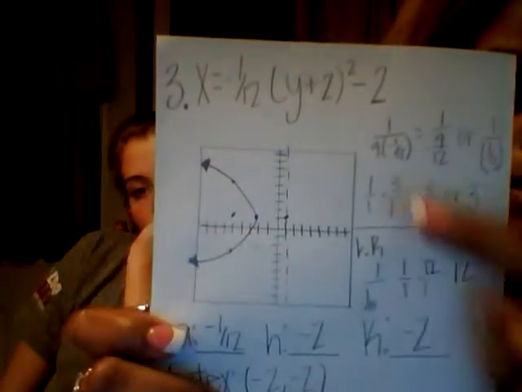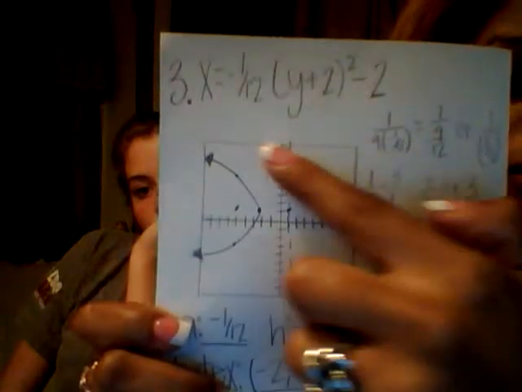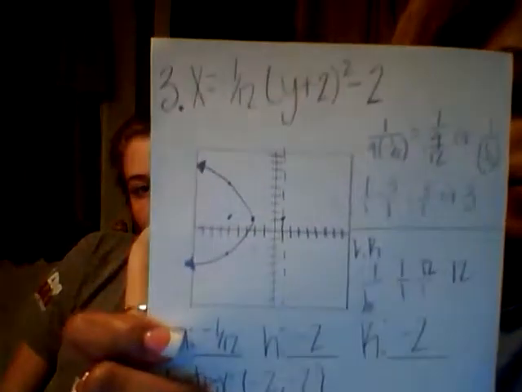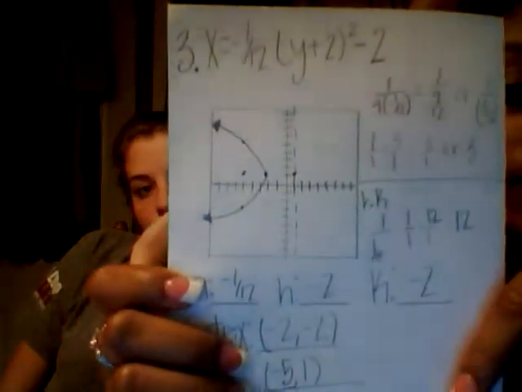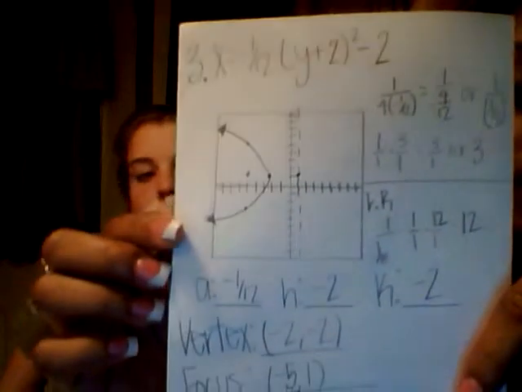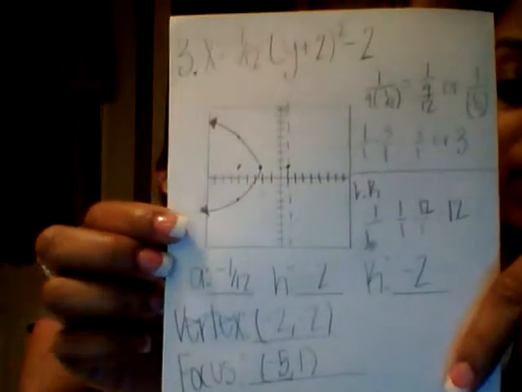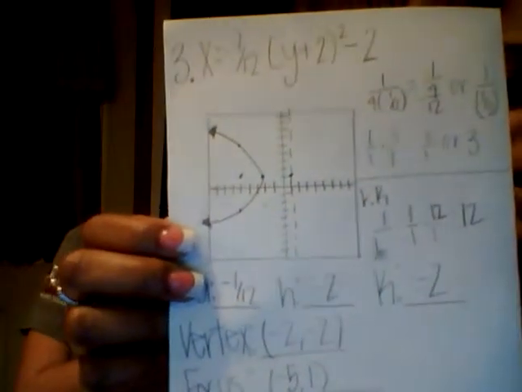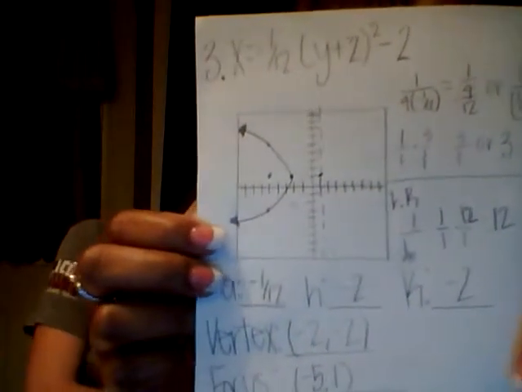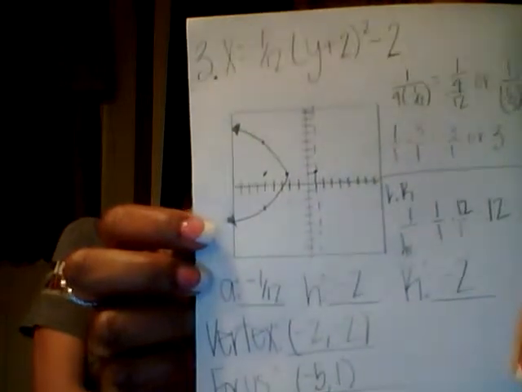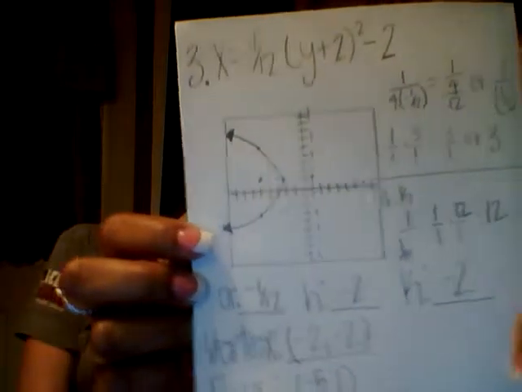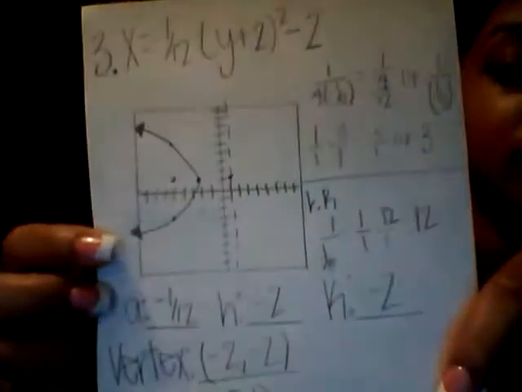And this happens to be a negative, so it opens up to the left. Then you want to find the key points, which would be a, h, and k. From the equation you see that a equals negative 1/12. And then h and k are flipped, but they both turn out to be negative 2.